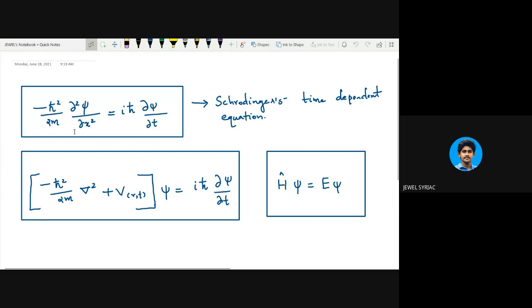Okay, now this Schrodinger's equation, specifically Schrodinger's time dependent equation, tells us the behavior of particles which are under motion. It says how the wave function of a particle changes corresponding to the variation in the position.